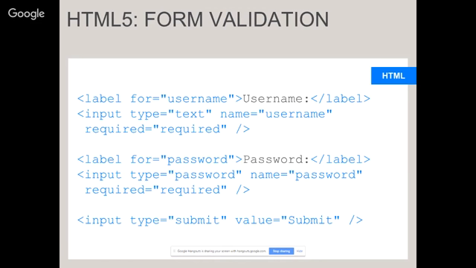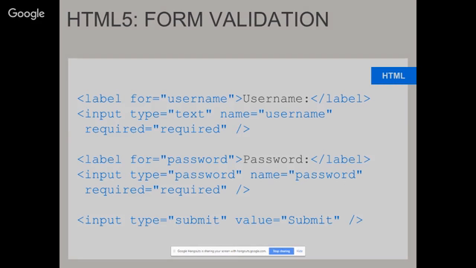It's not going to check the type of text they enter, if it's actually a name versus numbers, for example, but it will require the user to enter something. So they're required to have a username and password, and the form will not be submitted until those fields are entered by the user. So that's one example of form validation.